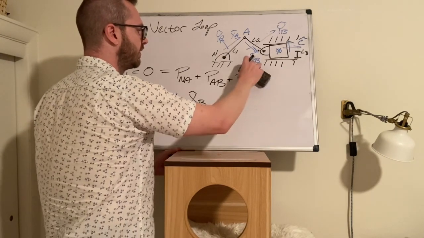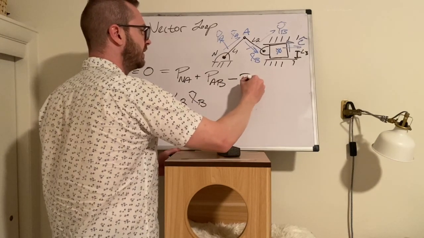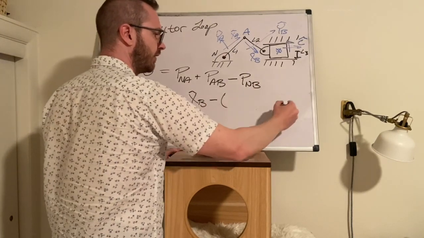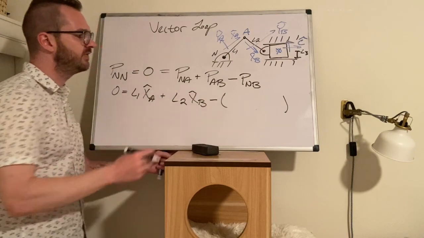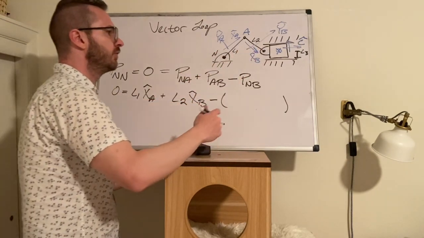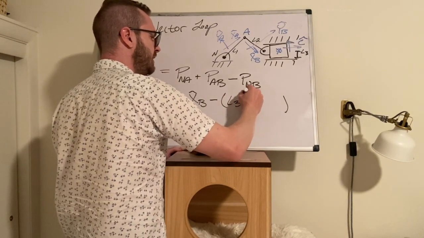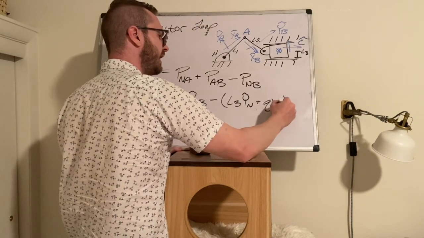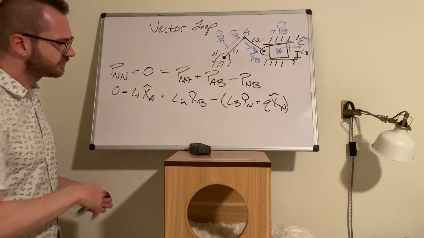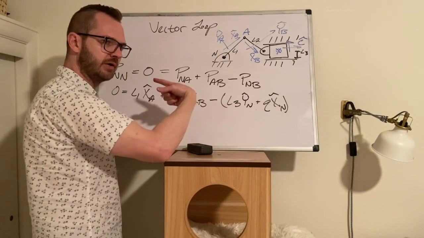Up here, I'm going to replace this one with minus P N to B. I'm going to put a minus on here, open up parentheses, and drop into this that other way of getting from N to B directly. We did L3 y hat N, and we did Q x hat N. So this was going from N to B, and now I just have a negative on it so that we're going back.